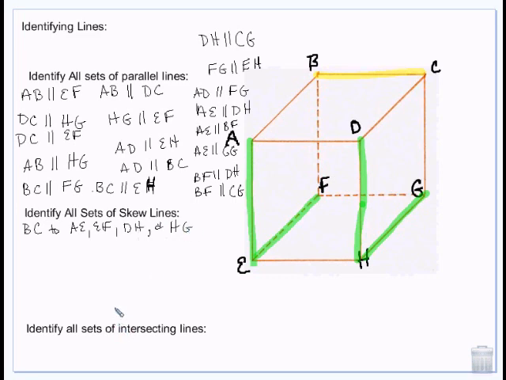Okay? Because these would intersect, and these are all parallel. Okay? The reason I had no picture in my head is because there isn't one. Okay.